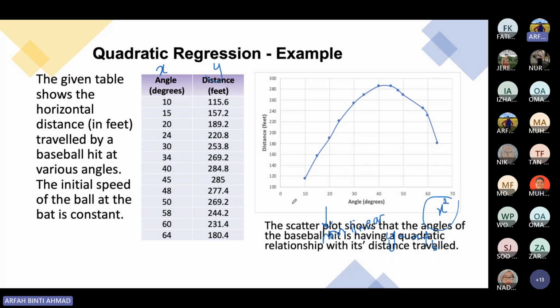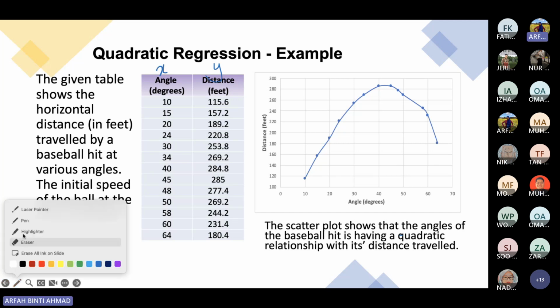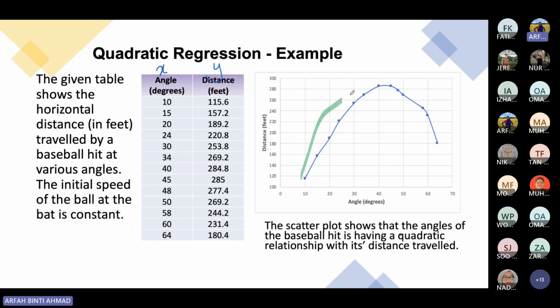So the scatter plot shows that the angle of the baseball has a quadratic relationship with the distance, because the plot shows a curvature compared to a linear one. So you have this line over here, and there's a curve over here. So we suspect that there exists a quadratic relationship between angle and also the distance, between x and also your y.